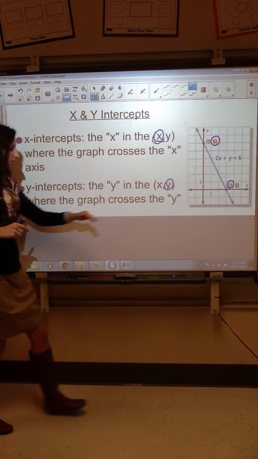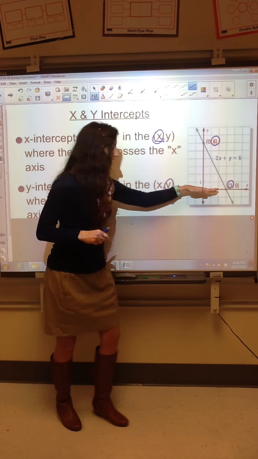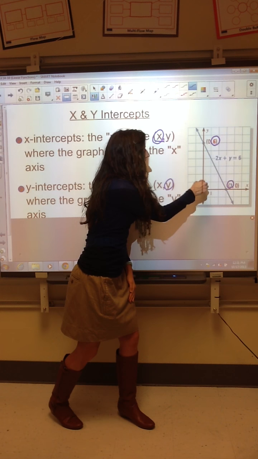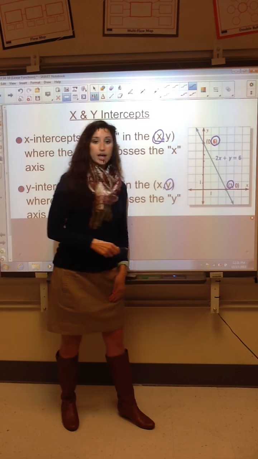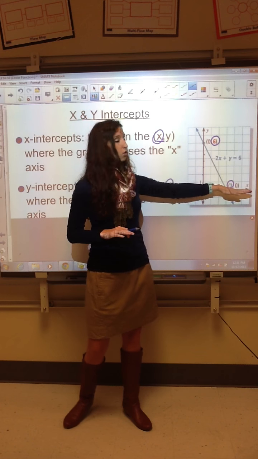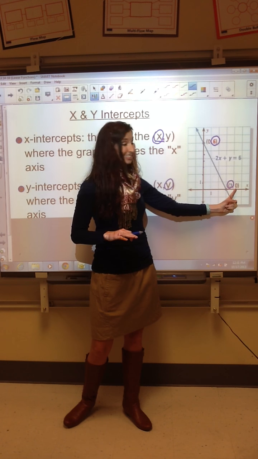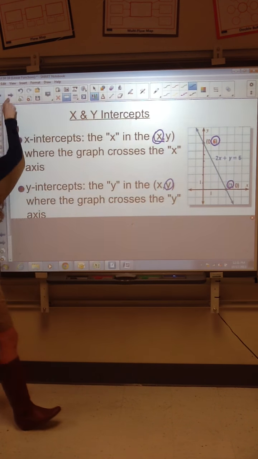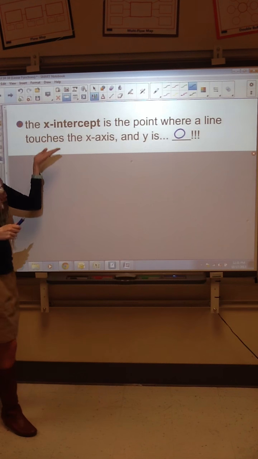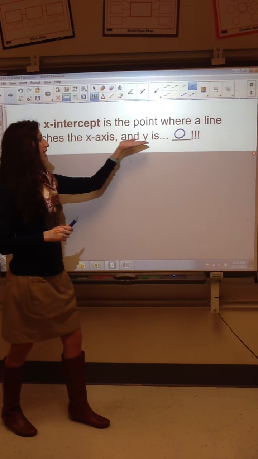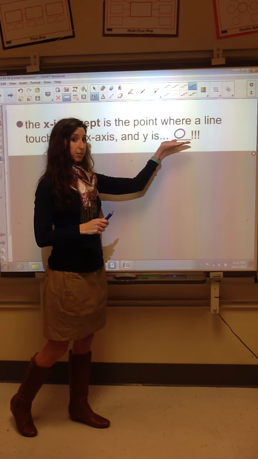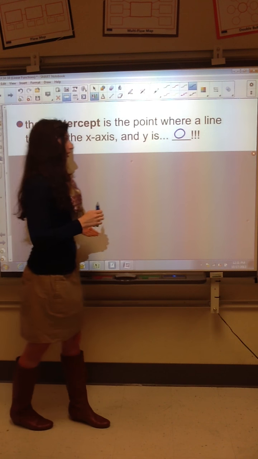Let's remind ourselves. If we're on the x-axis, have we moved up any on the y? No. So what is y? 0. Okay? So one more time, x-intercept is the point where it touches the x-axis and the y is 0. Remember, 0 is my favorite number. You're going to see why in a second.